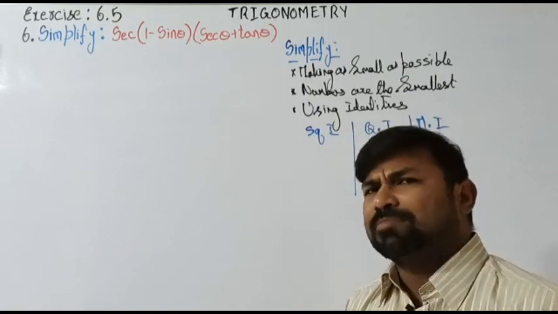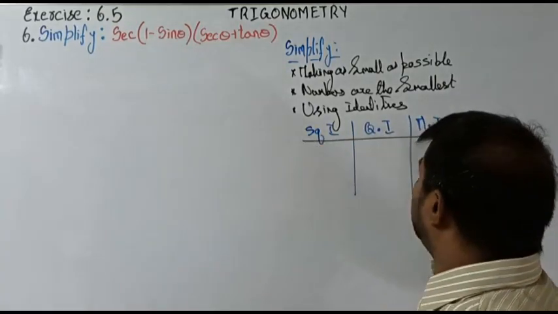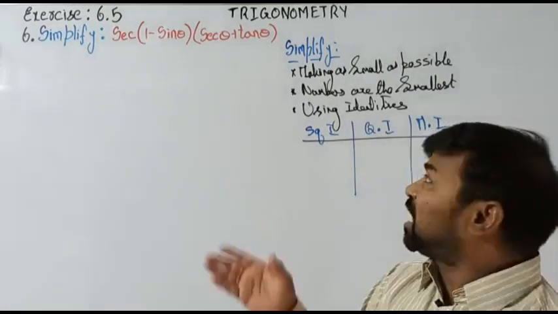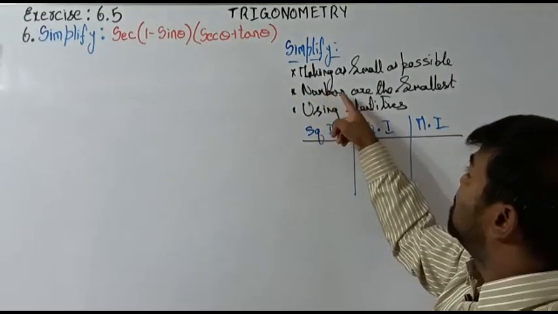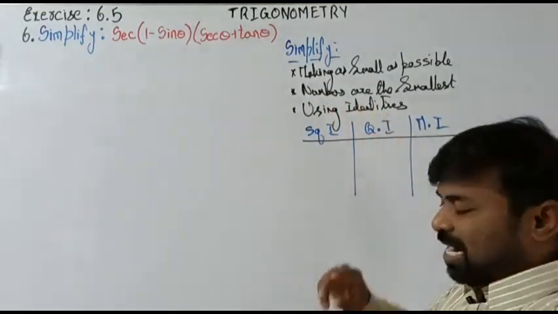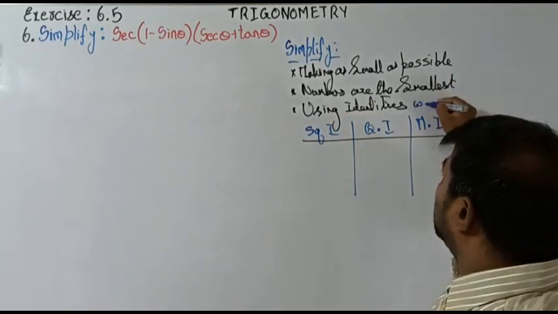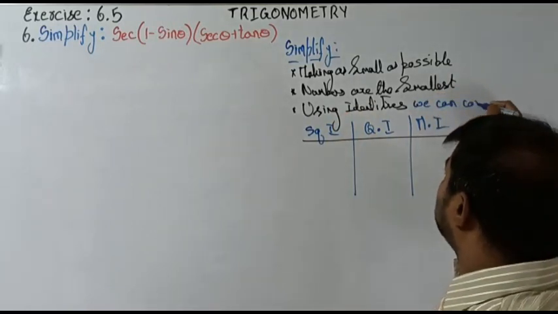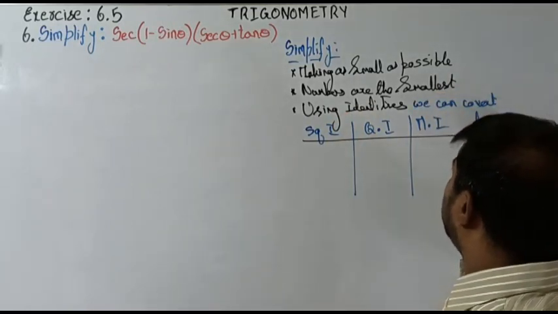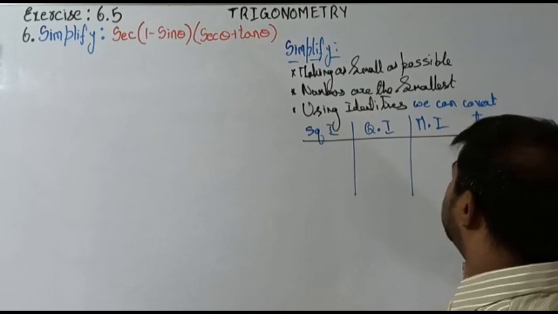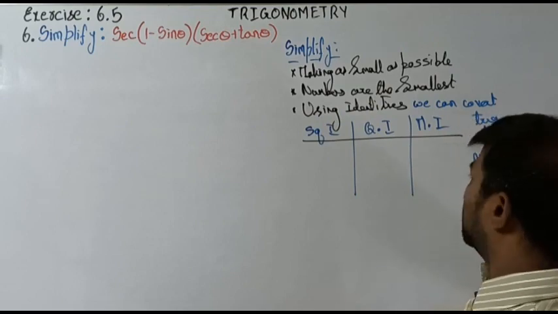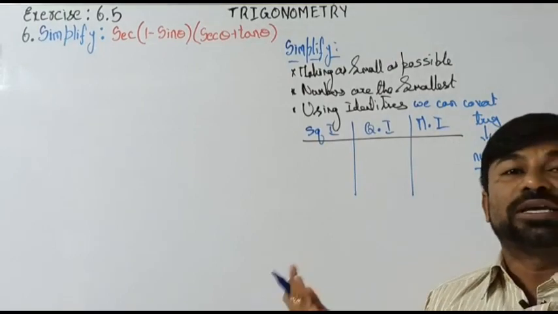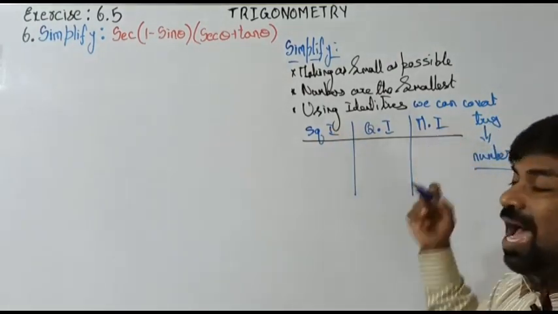Not only are there many more, but generally these are the identities which convert trig into numbers. You have to remember this one. We can convert trigonometry into numbers using the identities.